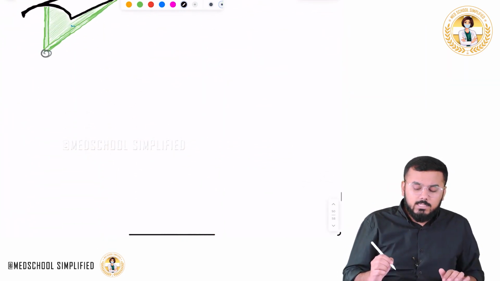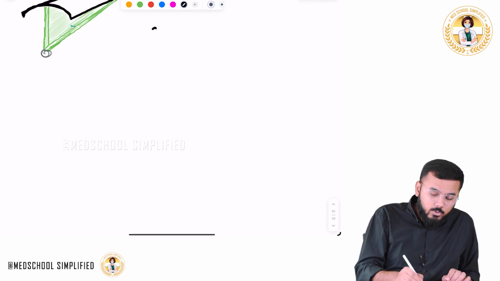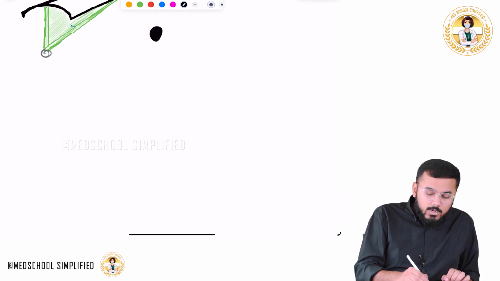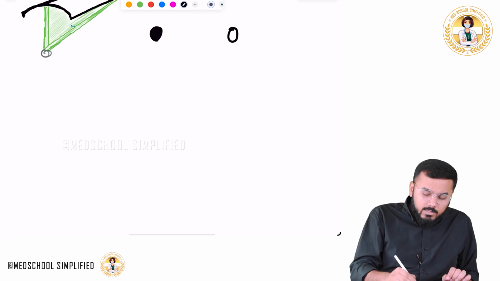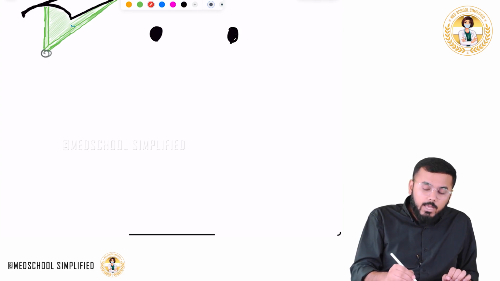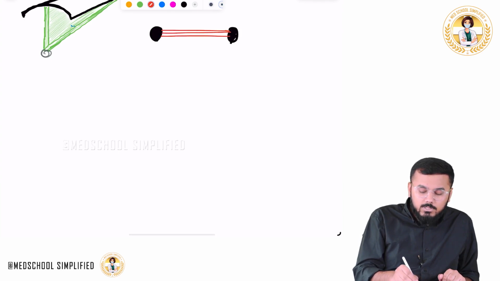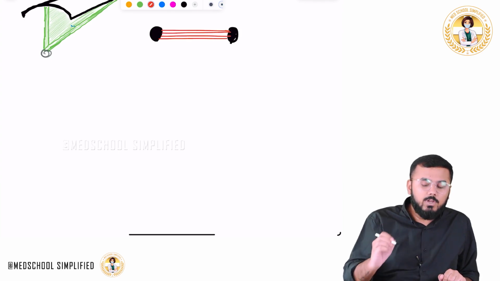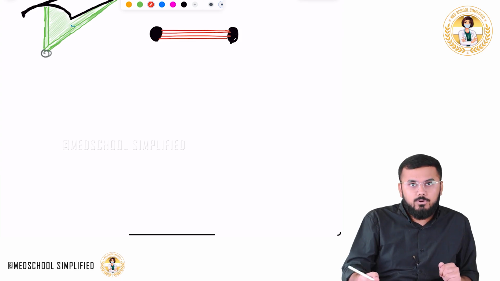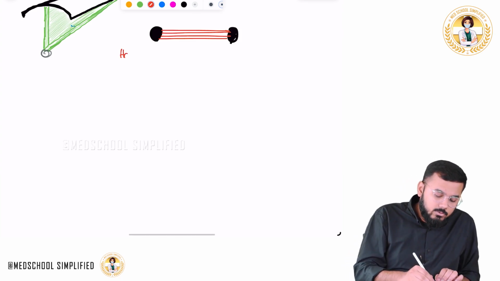Now, what is this habenular commissure and habenular nuclei? Actually, this is called as habenular nuclei. In between both of these nuclei, you have got fibers that are running in between. These fibers are called as habenular commissure.